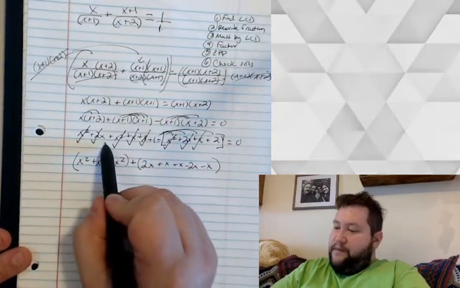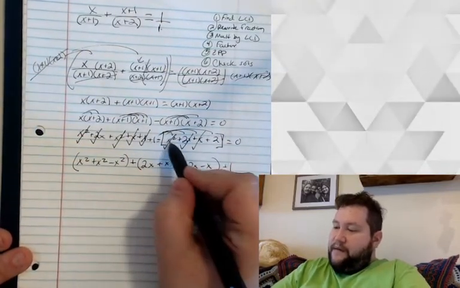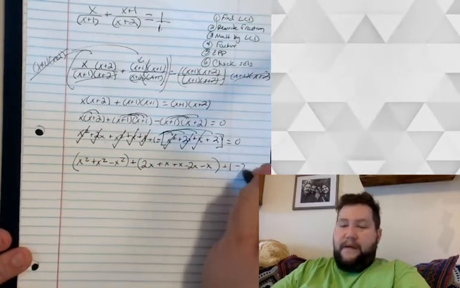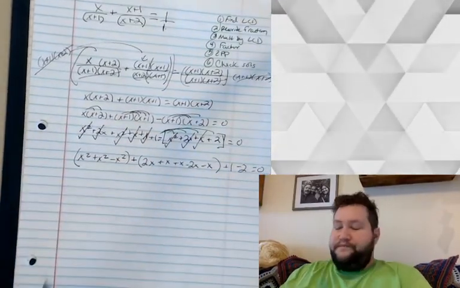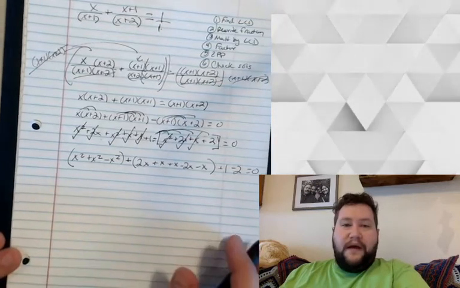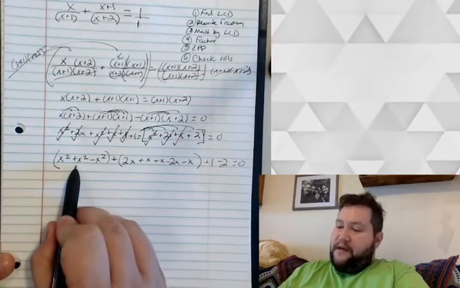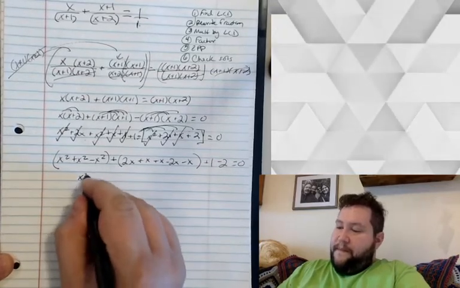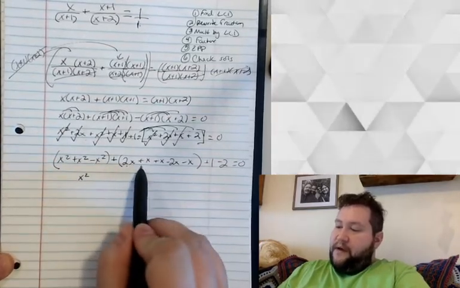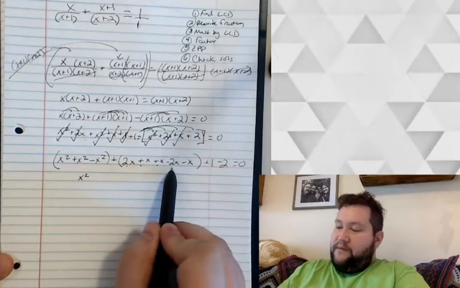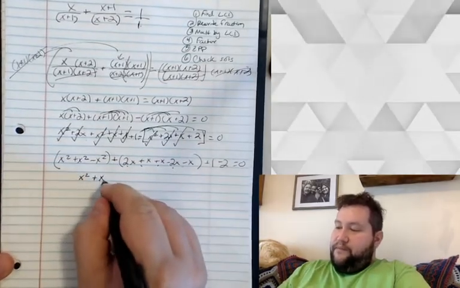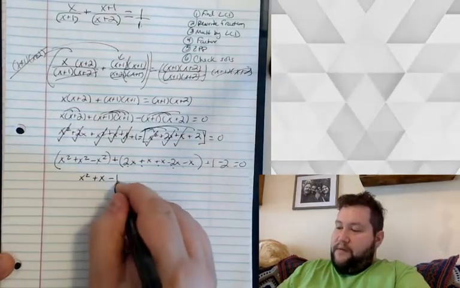We have a 1 minus 2 equals 0. So we can combine like terms: x squared, 2x squared, it's back down to 1x squared, 2x, 3x, 4x, 2x, 1x, minus 1 equals 0.